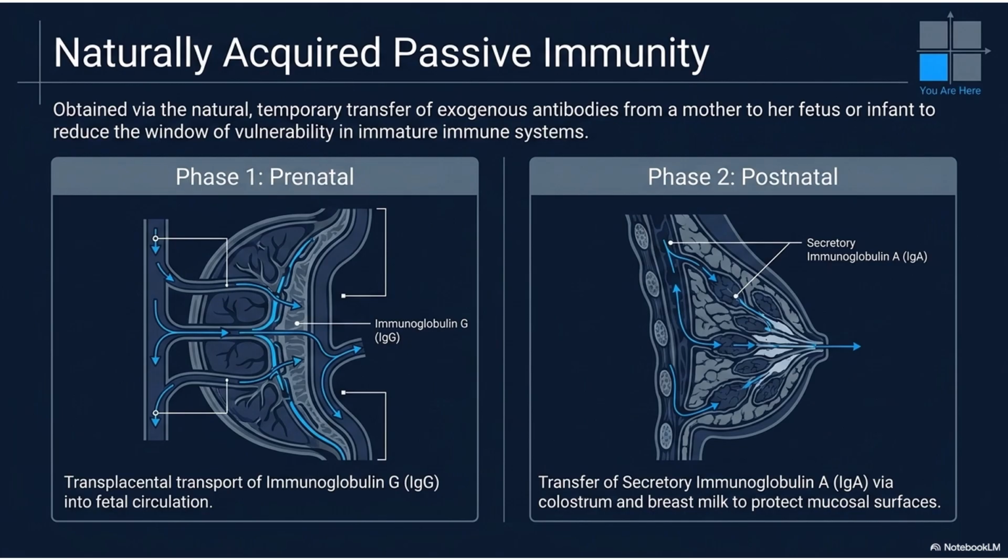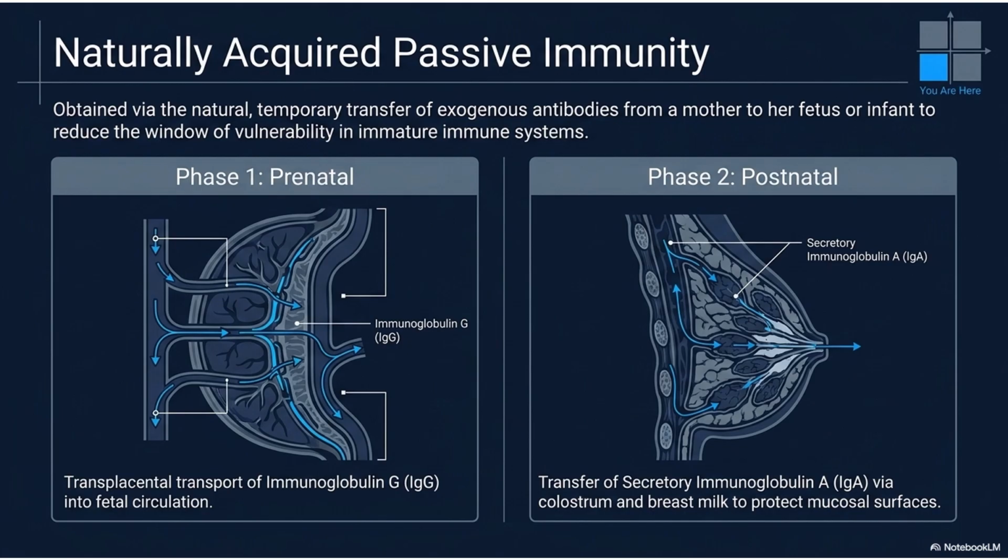Phase 2 is postnatal, or after birth. Once the baby is nursing, a different antibody, secretory immunoglobulin A, or secretory IgA, is transferred through the mother's colostrum and breast milk. IgA is especially important at the mucosal surfaces, like the moist body linings, like the gut and the respiratory tract, where many pathogens first try to enter.